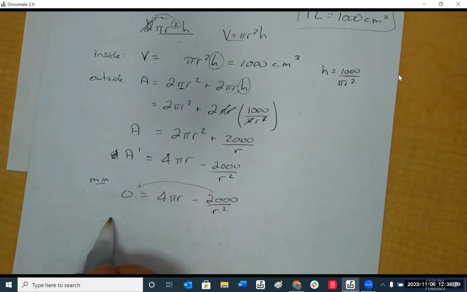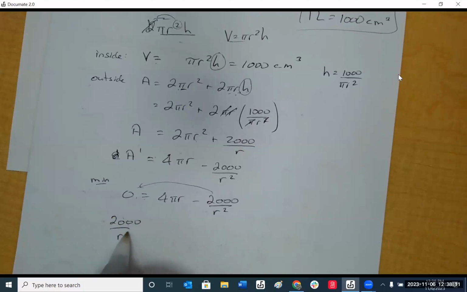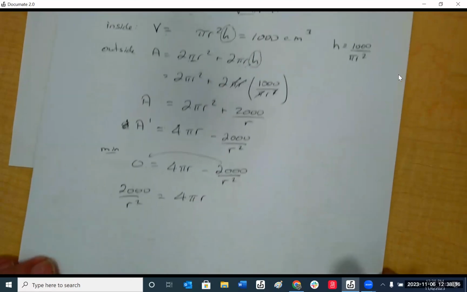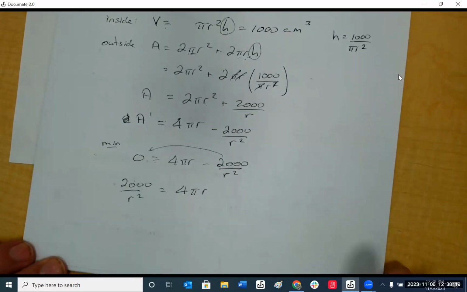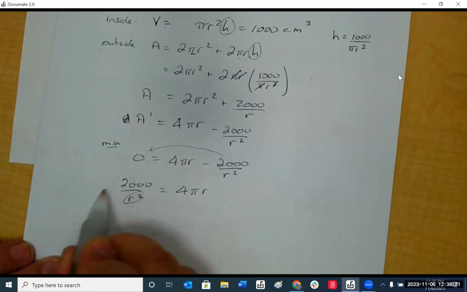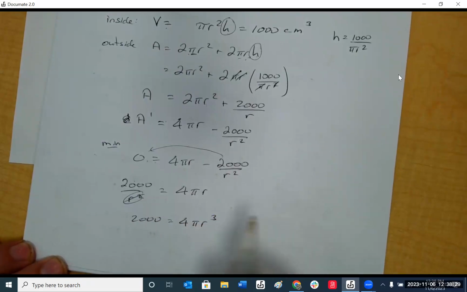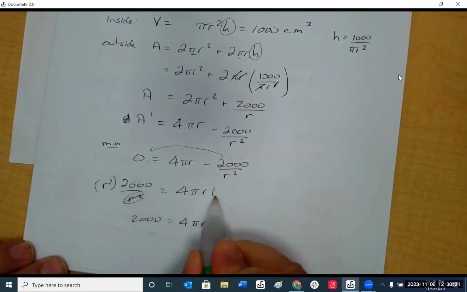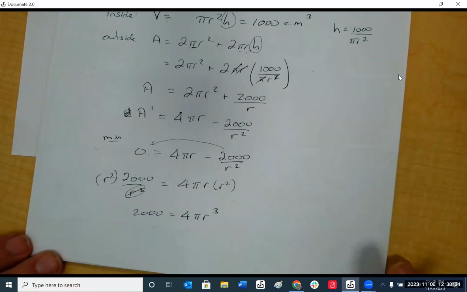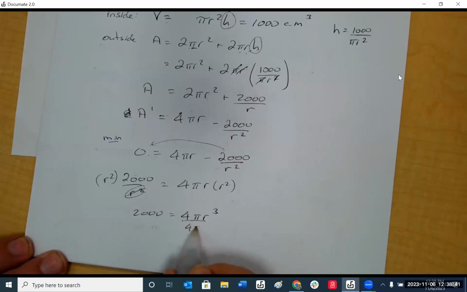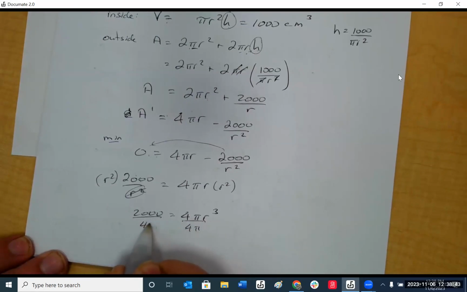Move that over there. Multiply both sides by r squared. Solve for r, so divide by 4 pi on both sides.